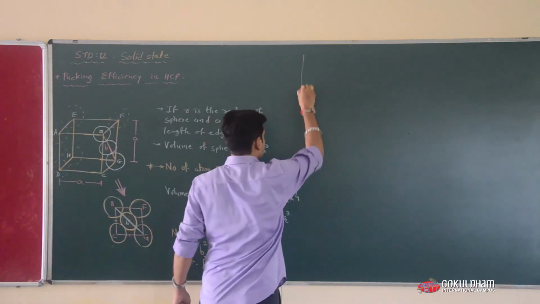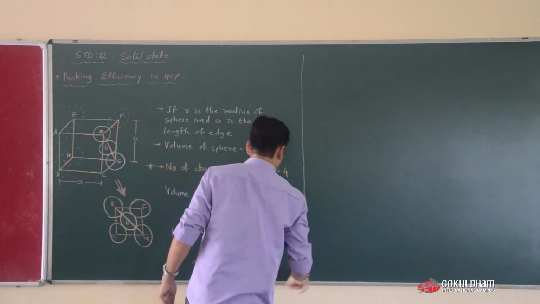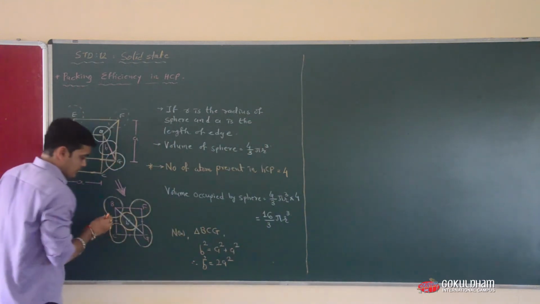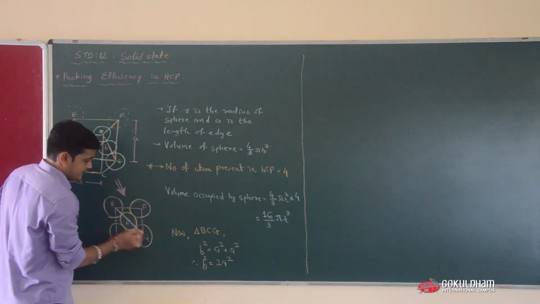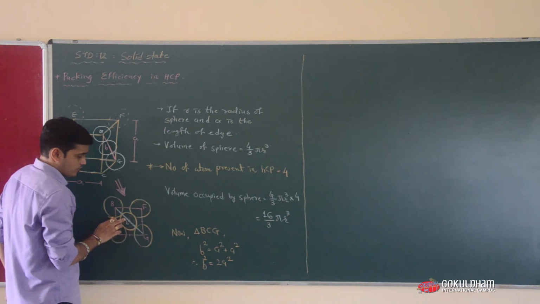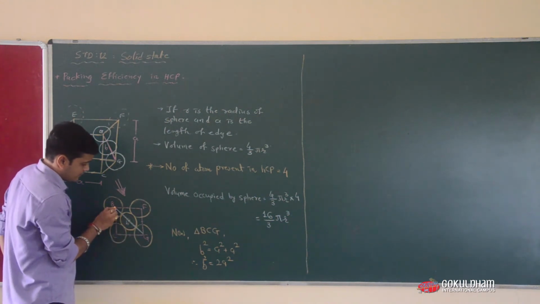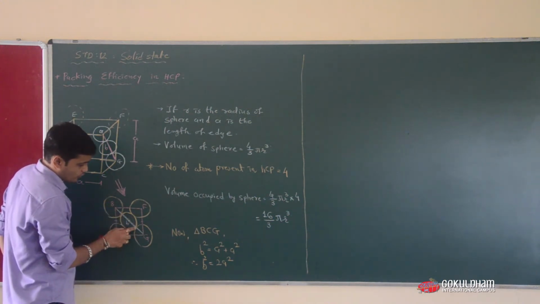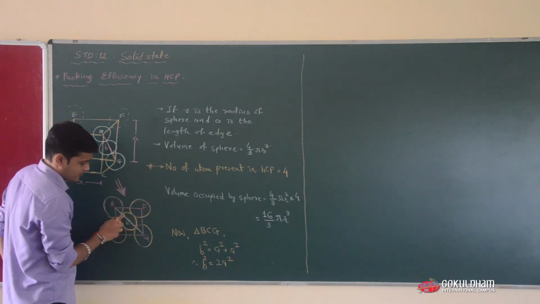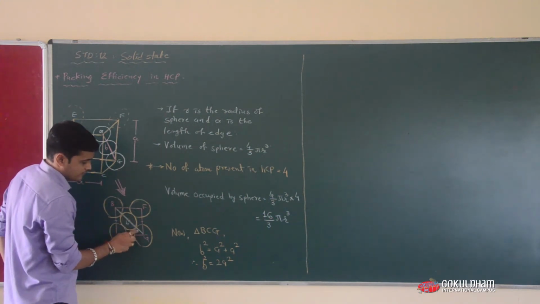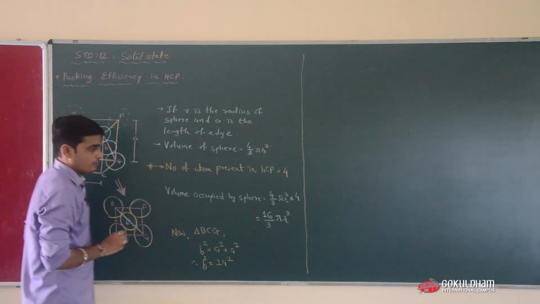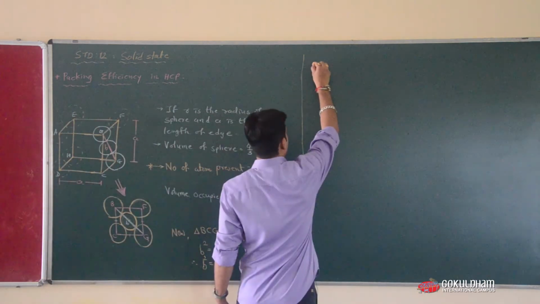Now we know this diagonal BG consists of 4 radii. This is the first one, 2 radii of the center sphere, and the fourth one is from the outer side. So 1, 2, 3 and 4, 4 radii are there.